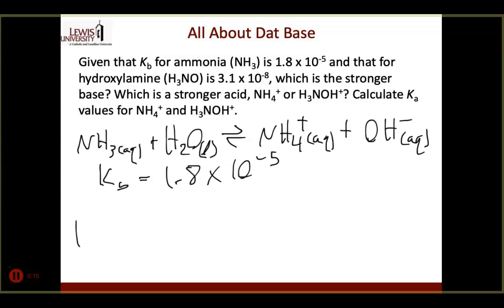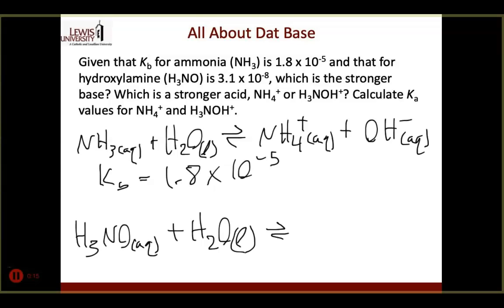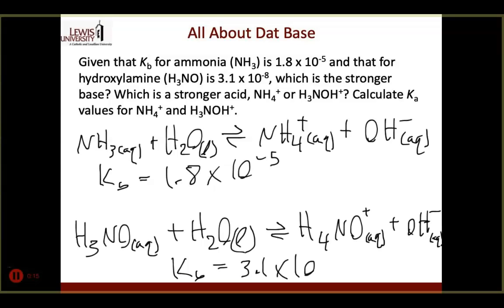You may not be familiar with hydroxylamine, but if you're given the formula H3NO, and you know that it's a base, you should be able to write out the reaction with water, because any base in water is going to accept a proton, and we would get H4NO plus and OH minus.